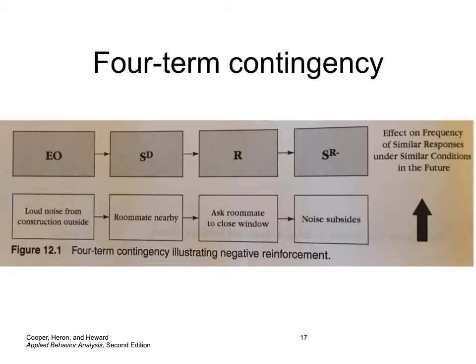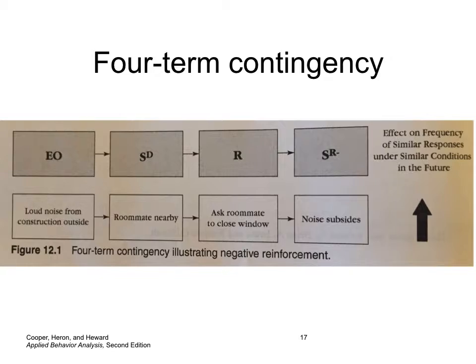So a full description of negative reinforcement requires specification of its four-term contingency as you see in this figure. The first one, EO, establishing operation for behavior maintained by negative reinforcement, is an antecedent event in whose presence escape or termination of the event is reinforcing.